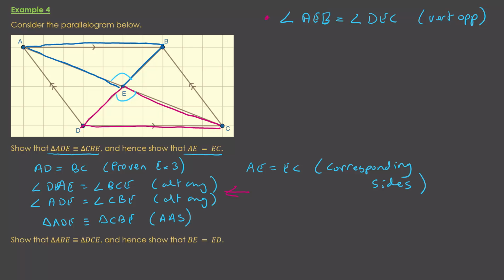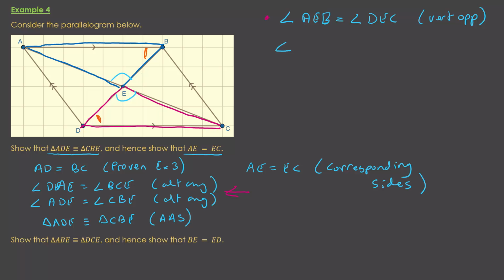As I said, I could have used vertically opposite earlier as well. And then we could go for angle, let's say that we're going to show that this angle is the same as this angle.